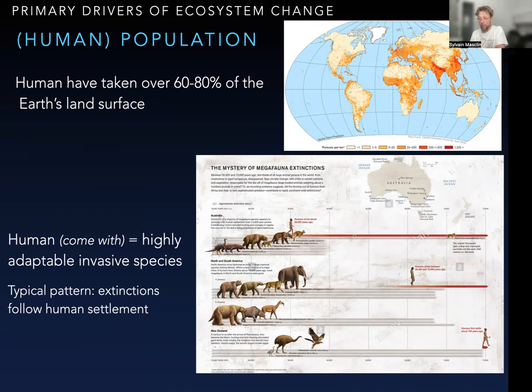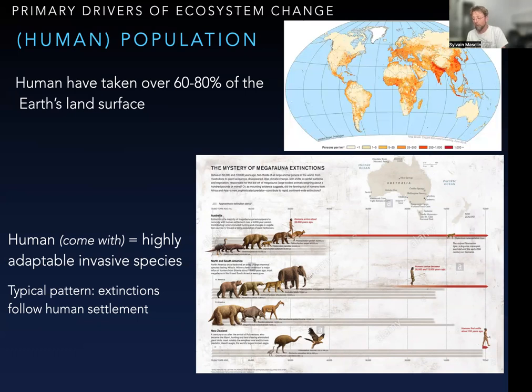We have the example in Australia, where humans arrived about 50,000 years ago, and within about 10,000 years after that, major megafauna from Australia disappeared because humans started to hunt them, and they hunted them down to the last individuals.